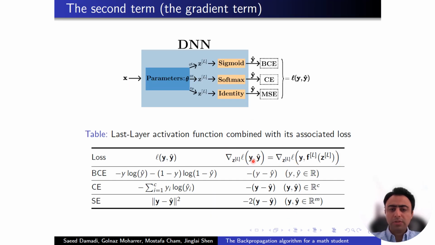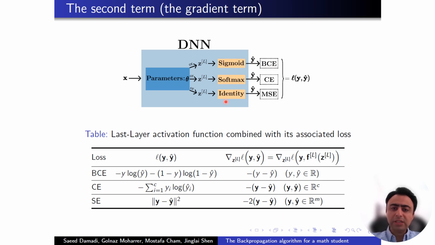Here we want to address the second term, which is the gradient of this loss function with respect to ZL. This is easy to calculate because we have a sigmoid function, a softmax function, or the identity when we are using mean square error. When we use a softmax function for classification, we use the cross entropy function, and for binary classification the activation is a sigmoid function.